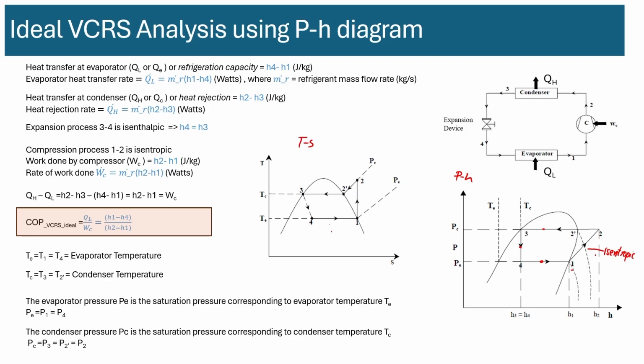So assuming such an ideal compressor is available to you, then you will be operating along this isentropic line here. So this is an isentropic line, right? So S1 is the same as S2. So isentropic compression from 1 to 2.